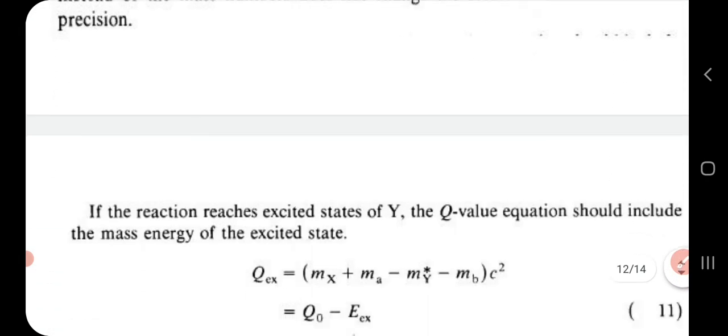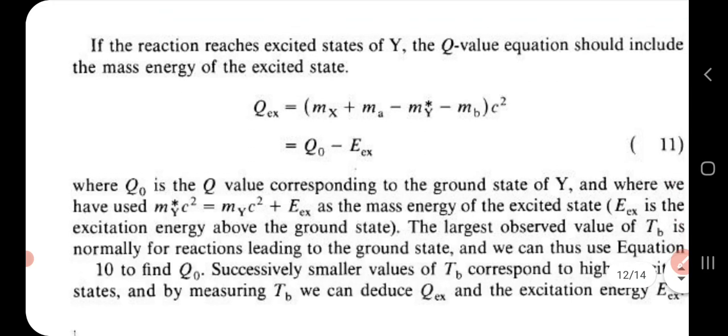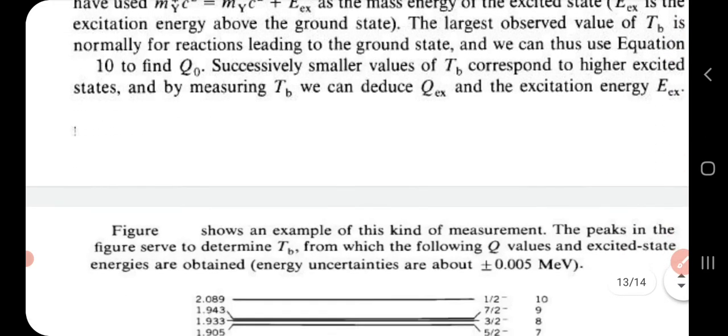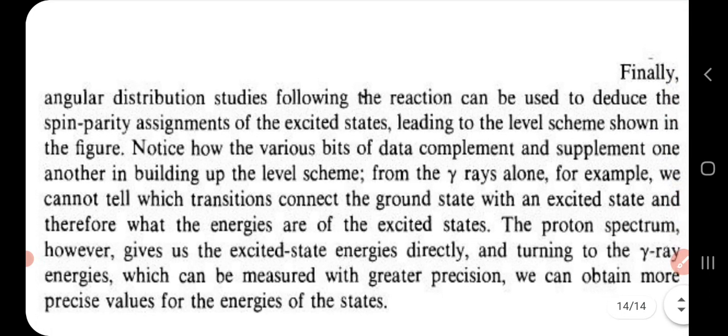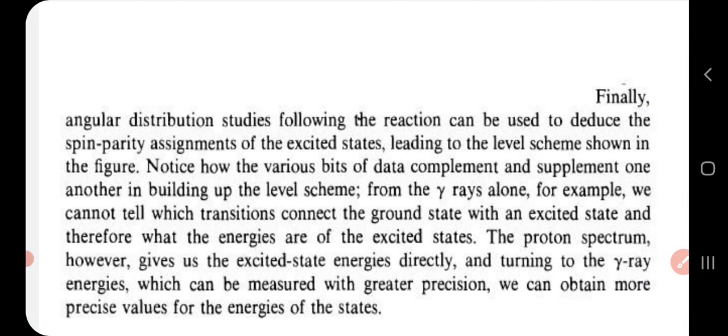This you can skip, this one you can include because it is easy to learn, and this one you can skip, and for this one just write one or two sentences on what is the use of these angular distribution studies. That is, angular distribution studies actually help us to develop a level scheme from which we can calculate spin parity assignments of excited states included in a nuclear reaction.